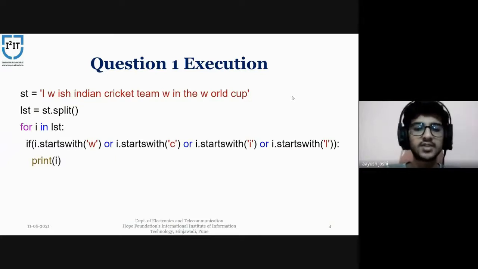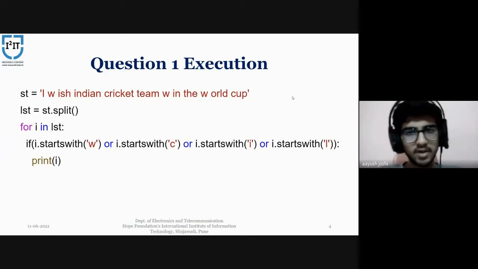Then the if statement checks for words that start with alphabets w, c, I, and l. Then the words that start with the four alphabets will be printed. If they are not starting with the four alphabets mentioned in this, then the word will be ignored.